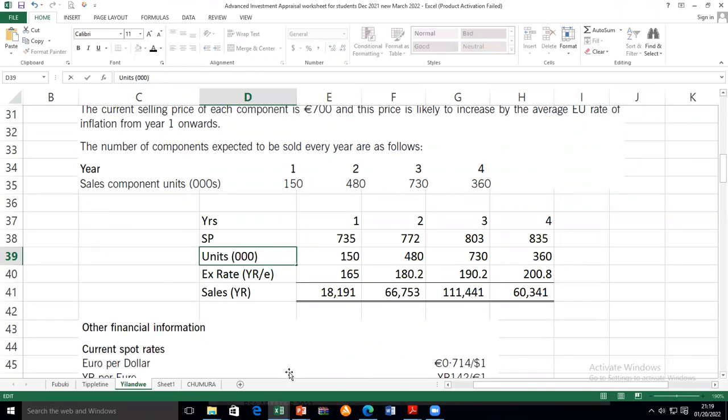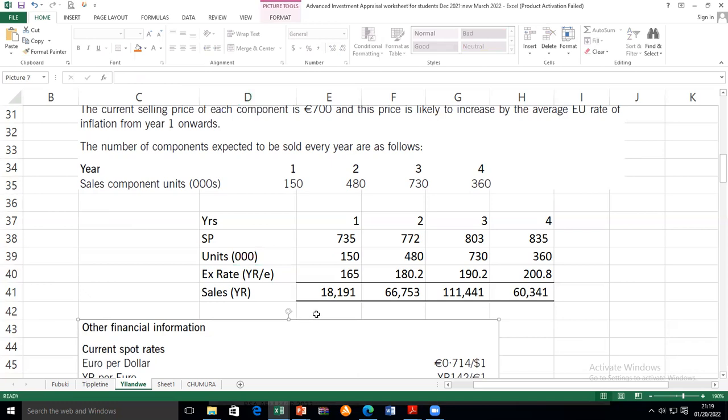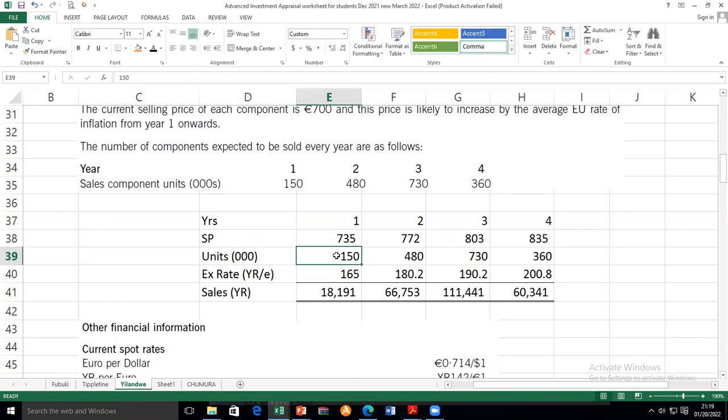That's the first item. Secondly, you now multiply this by that. That's what we get.